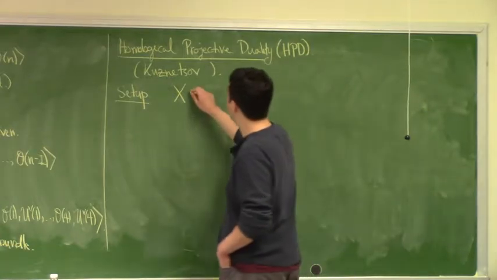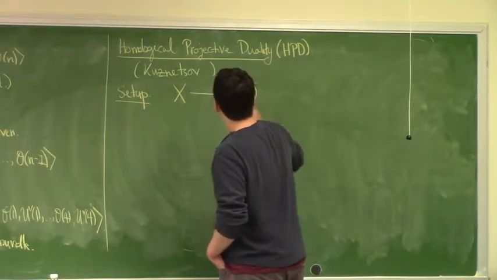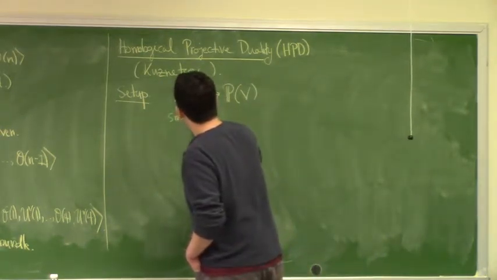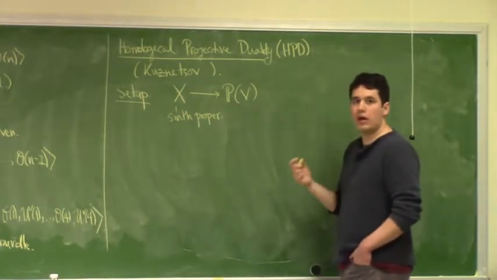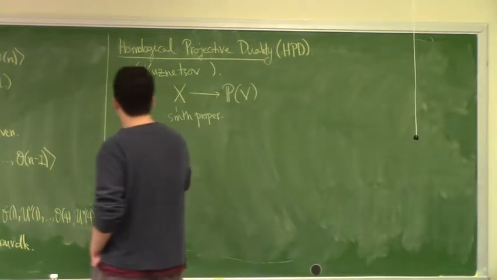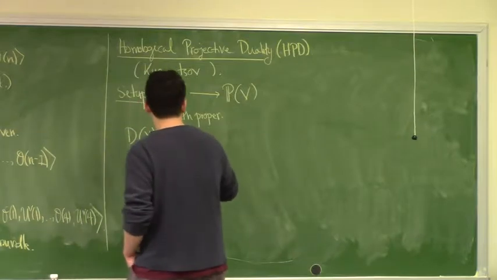Right. So the setup for this general HPD is that I'll start with the variety X, say smooth and proper variety X, with a map to a projective space, and I won't assume that this is an embedding. And the key assumption is that its derived category should have a decomposition that looks as follows.